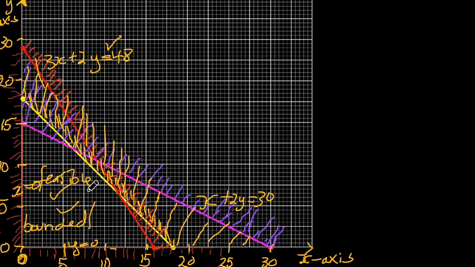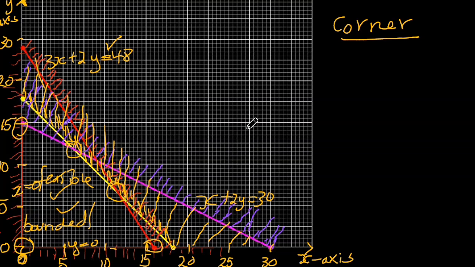The feasible region is where we are going to either maximize or minimize, but for this question we have been asked to maximize. So I will use the corner method to maximize the profit. With the corner method, I identify the coordinates of the corners. The first coordinate is this one, the second is this one, the third is this one, the fourth is here, and the fifth is here.